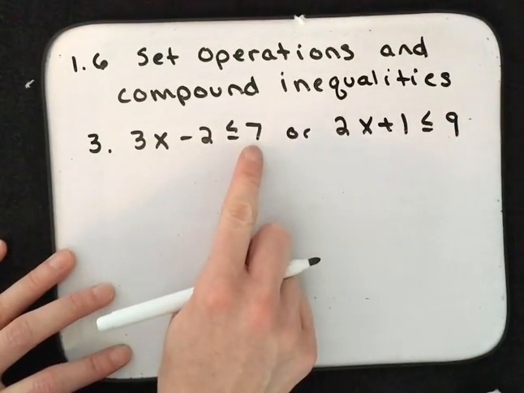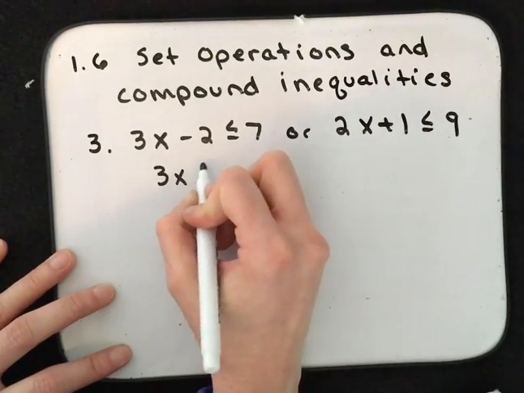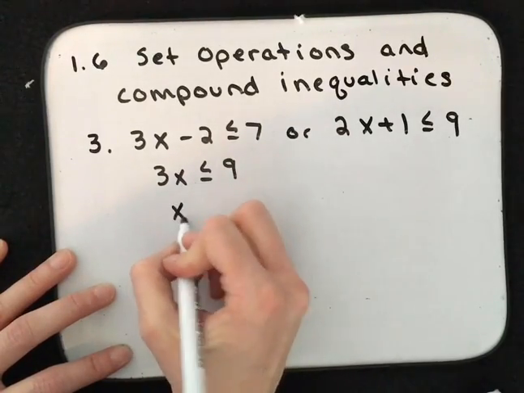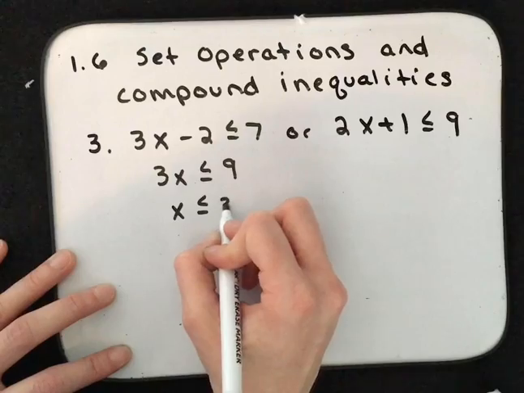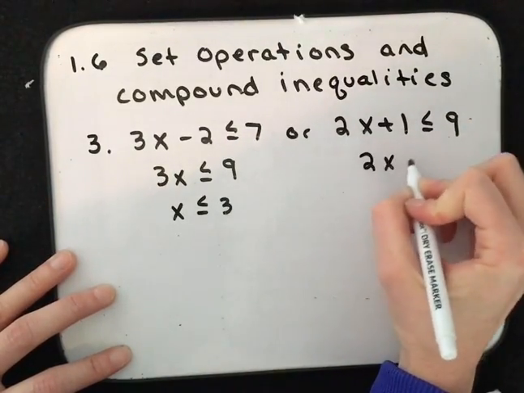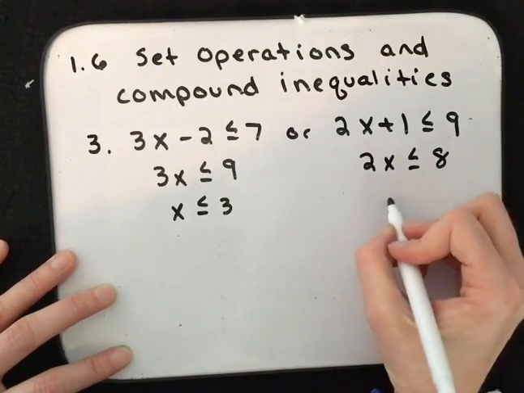So let's simplify this one down. We add our 2 to both sides, divide both sides by 3. Over here, subtract 1 from both sides, divide both sides by the 2.